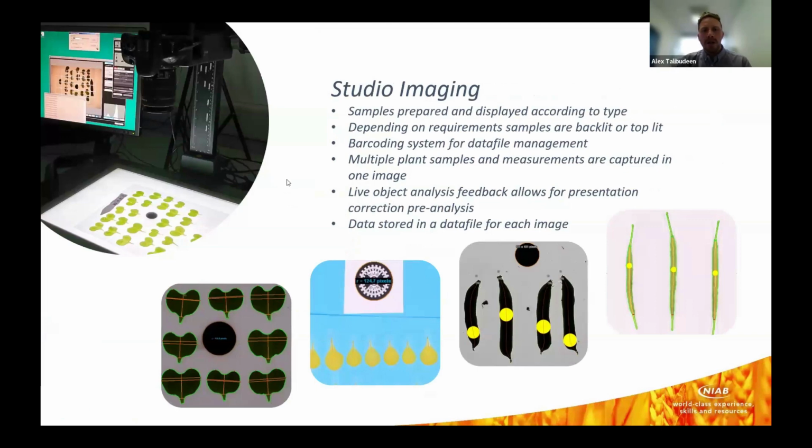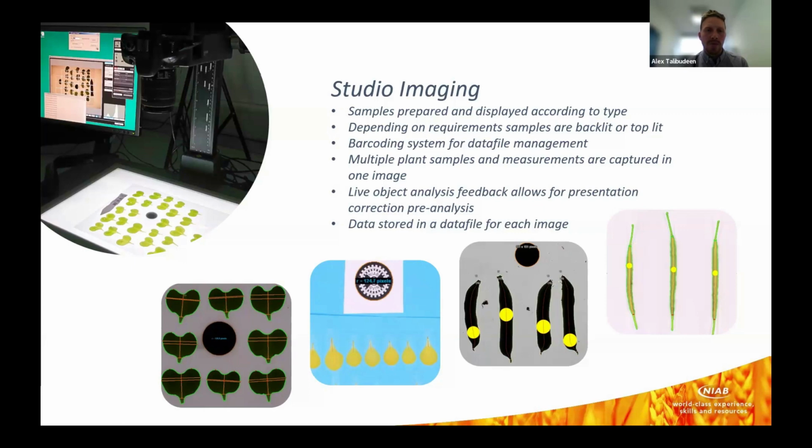So again, very similar. Our setup is very studio image based. We use an off-the-shelf DSLR camera setup with a stand and various lighting, using overhead LED lighting and underneath backlit lighting. Depending on the plant parts that we're imaging, we'll have a different setup, and we have different calibrations and setups for each plant part.